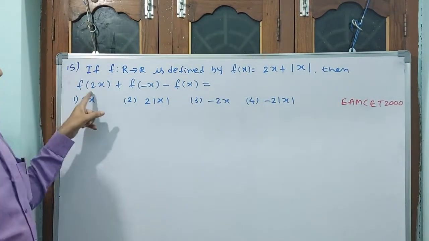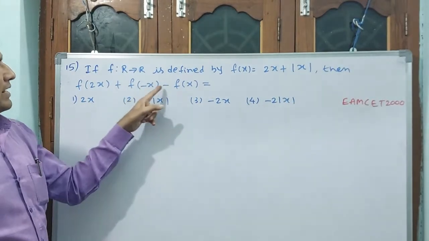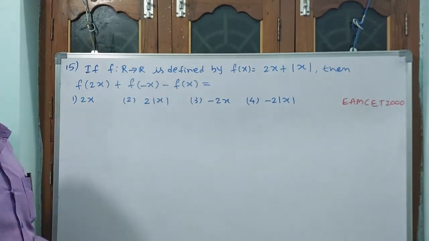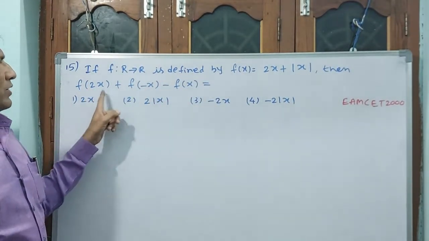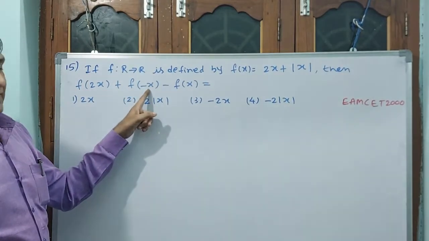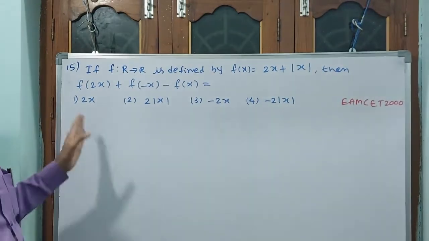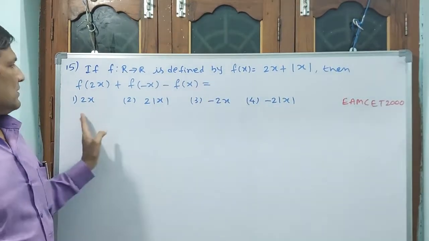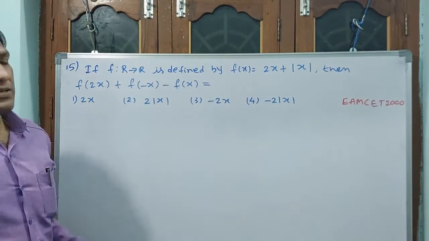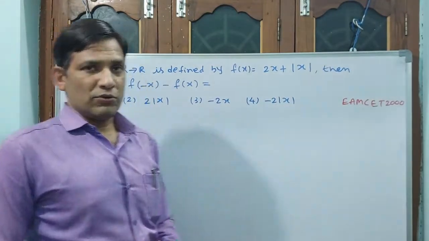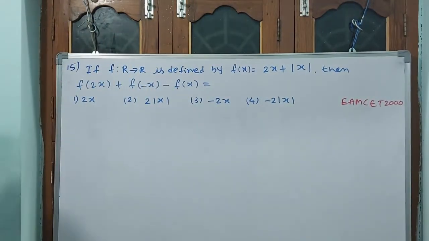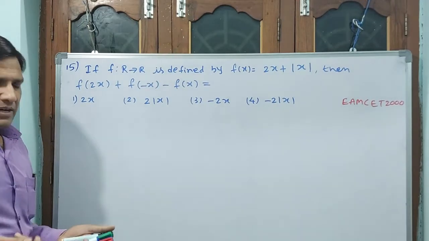Then f of 2x plus f of minus x minus f of x is equal to how much, they are asking. Four options they have given, and this has been asked in the Eamcet 2000 question. When compared to the last question, this is a little bit tough.